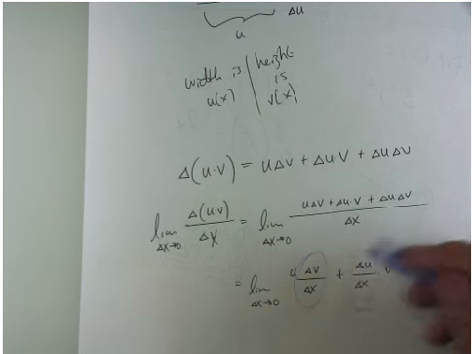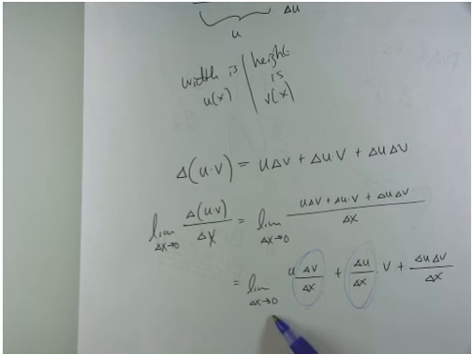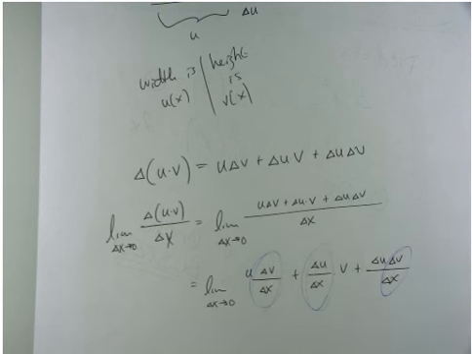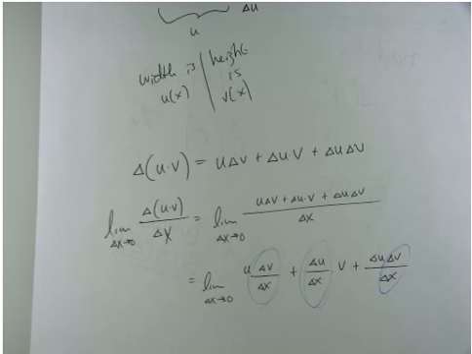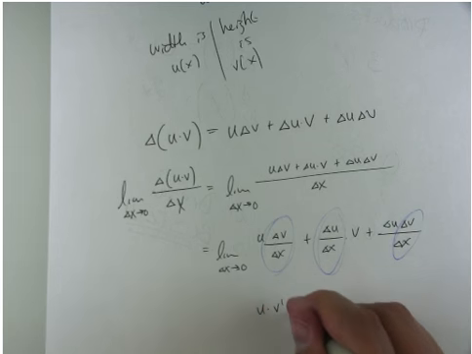Similarly, in the second term, it's delta u divided by delta x, and as the change in x goes to nothing, this is just u prime, the derivative of u. And similarly, in the third term, delta v over delta x might be v prime here, or I could consider the other one. So this is going to look like u times v prime plus u prime times v.